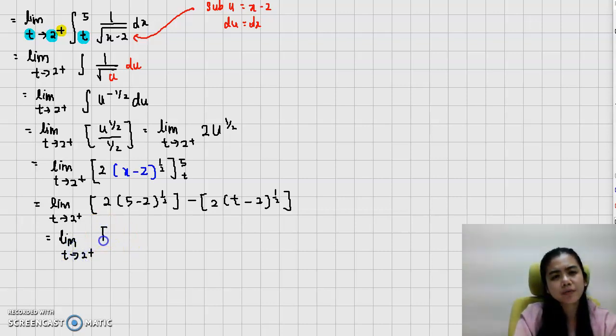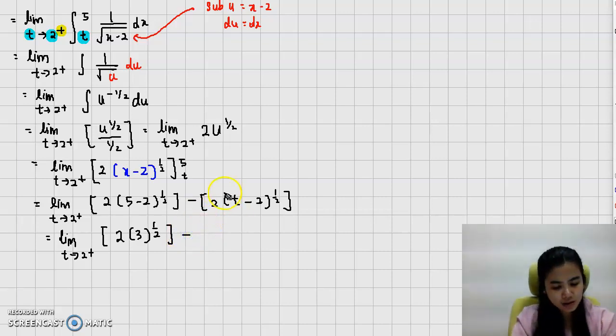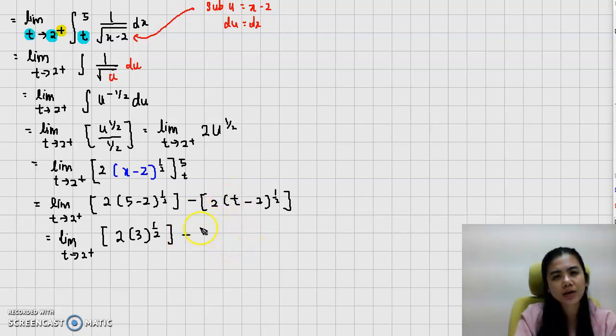When you simplify it, we will have 2 root 3, minus 2 root of t minus 2. Because this does not have t anymore, we can give the limit just to the one that has t.